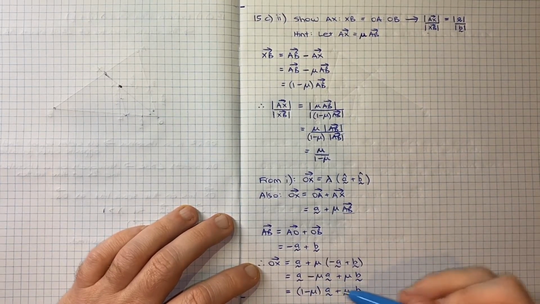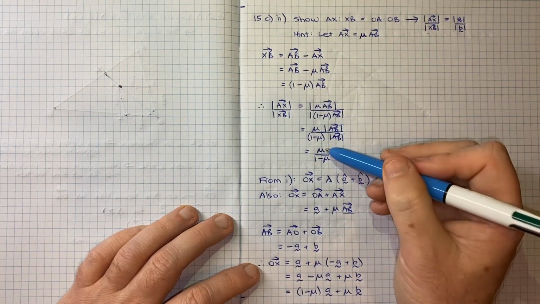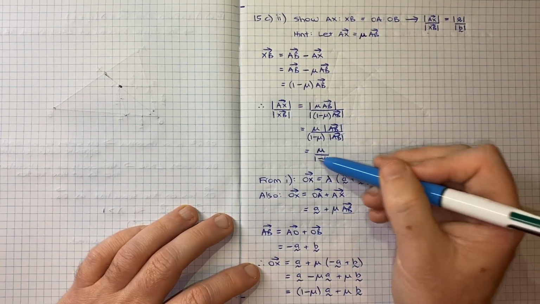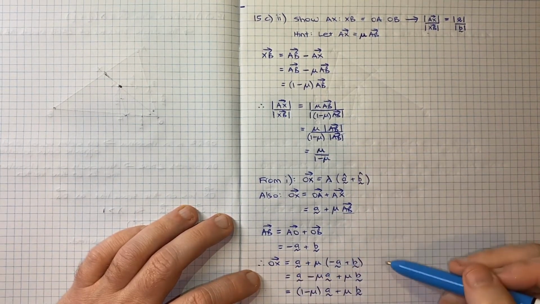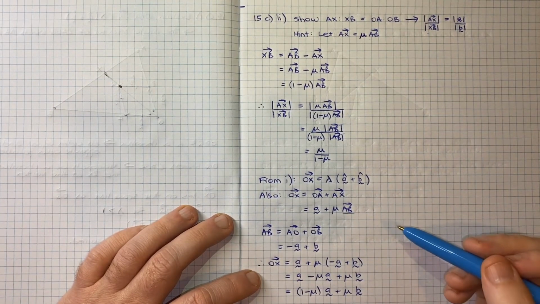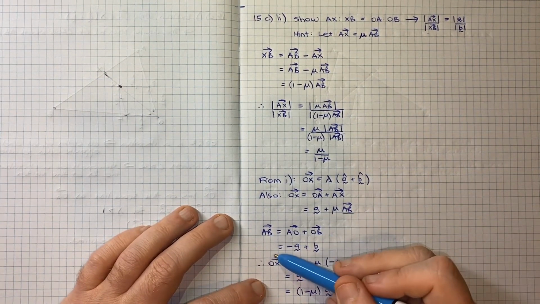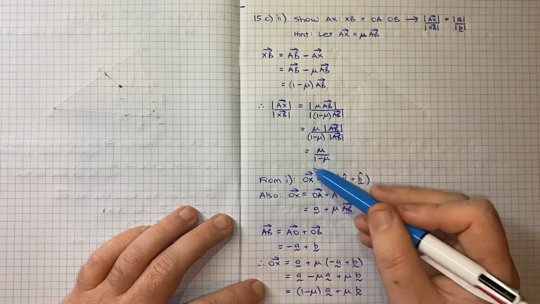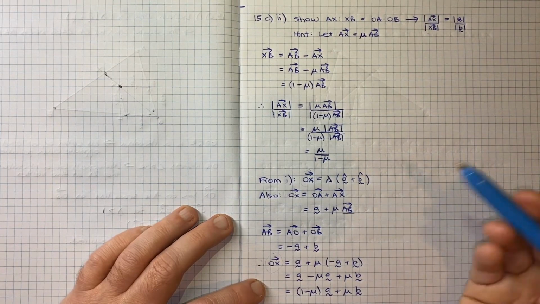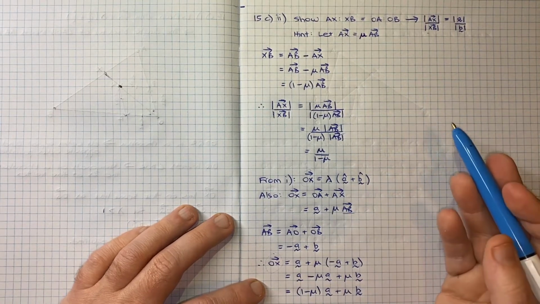And that's looking positive because we've got a mu and a 1 minus mu flying around, and we know we want to work out something with mu on 1 minus mu. So hopefully we can get there somehow. Now the key to it will be the fact that we've got two different versions of OX vector. So the next natural step is to set them equal and see where we get to.